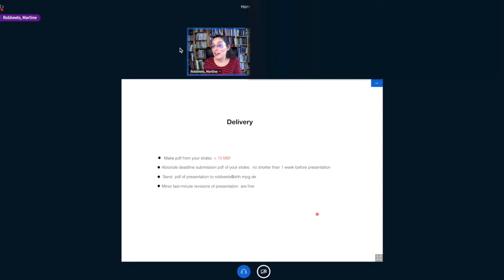Usually, I invite people to the classroom, and then there is a whole different set of problems. But I'm used to them. So in this case, there were some technicalities that made it rather difficult, and that's also why I want to warn you ahead, so that you make your PDFs small enough, 10 MB, so that you do not have problems.